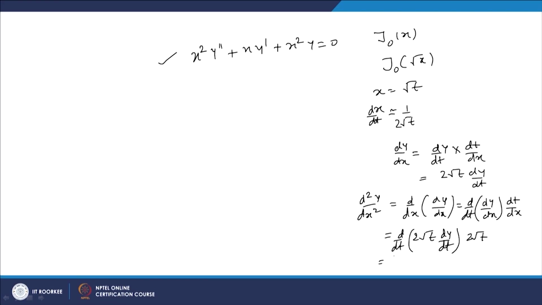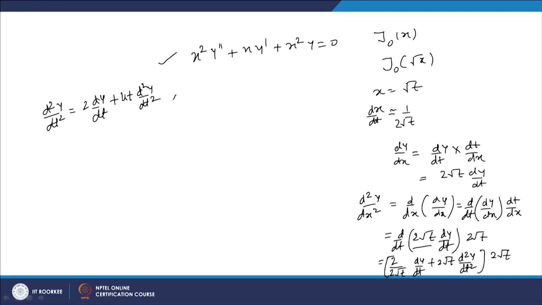If you differentiate this, you will get first thing, 2 dy by dt plus 4 t d2y by dt square, and so this is d2y by dx square.